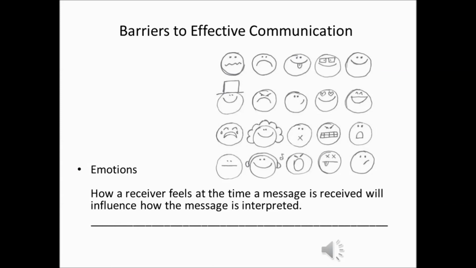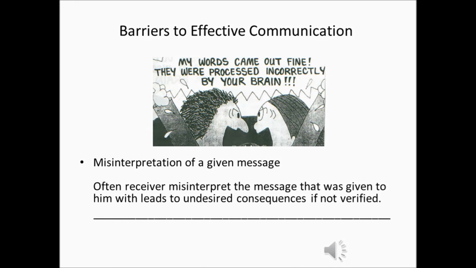How a receiver feels at the time a message is received will influence how the message is interpreted. Often receivers misinterpret the message that was given to them, which can lead to undesired consequences if not verified.